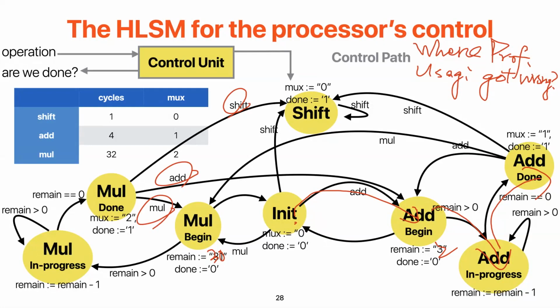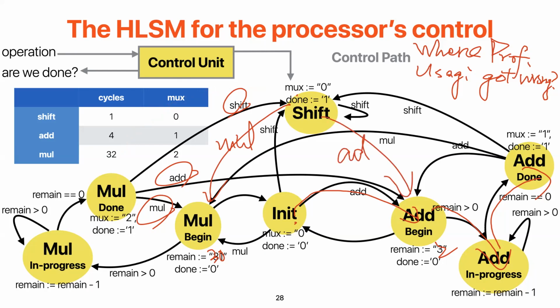Oh, yeah, good point. That's another thing which I forgot to draw here. So we should also have a MUL here, and I should also have an add here, right?